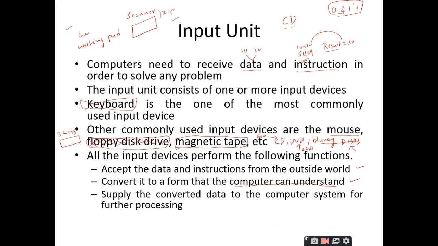The computer does not understand any other language, it only knows zeros and ones. That language we call the binary language. So, if somebody asks you what is the language understandable by the computer, or what is the computer language, it is nothing but the binary language.